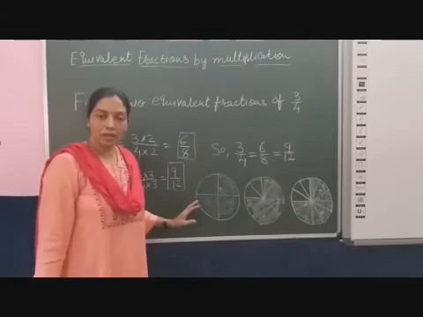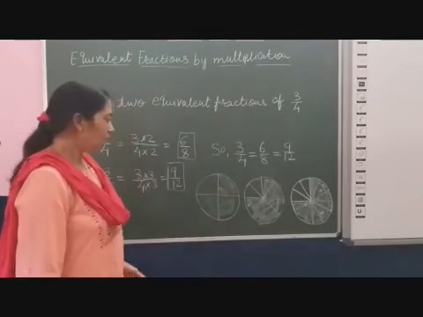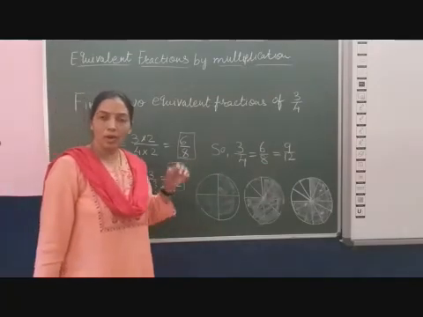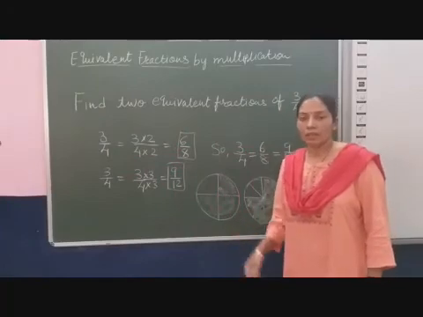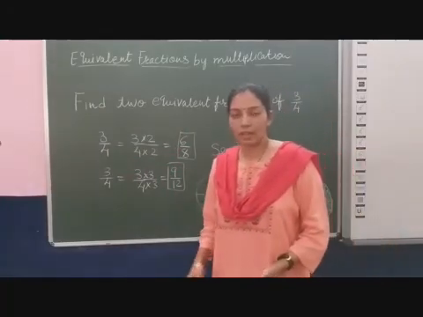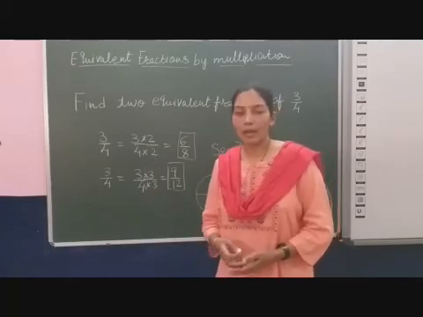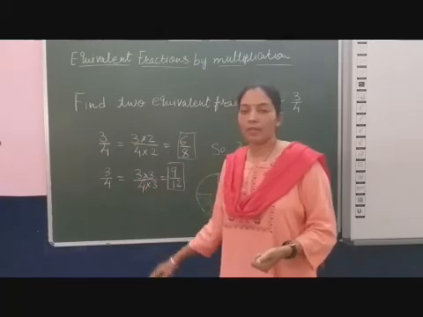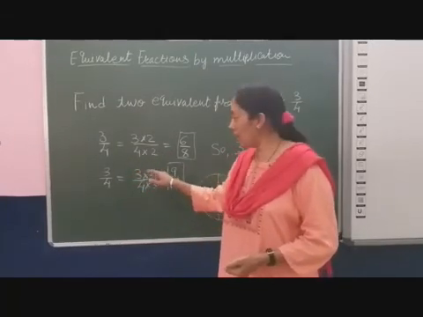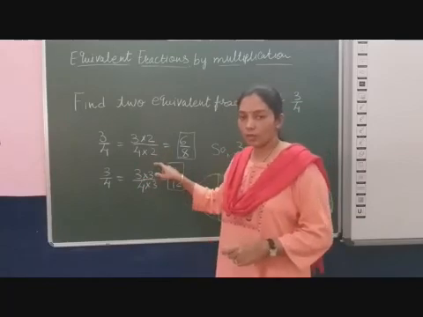I make it clear, for that reason I draw here the figures. Now on the basis of the figures you understand clearly. So the first method to find the equivalent fraction is by multiplication, and we multiply any number with the numerator and denominator. That same number we use for both sides.